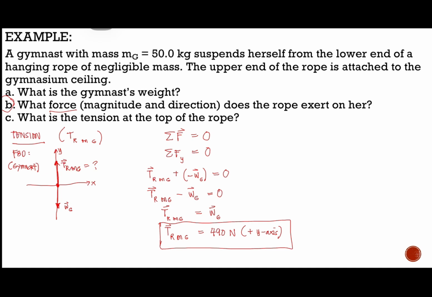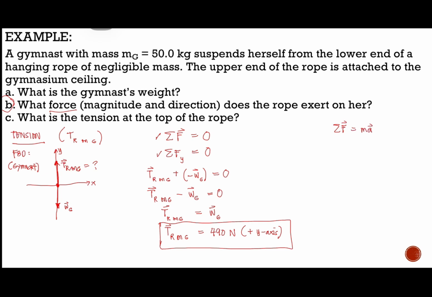Now, if you're wondering why we started with this equation, it is because it is an example of an application for Newton's first law. So this is the equation for Newton's first law. If our example or problem is an application of Newton's second law, then we will start with the sum of all forces is equal to the mass times the acceleration.